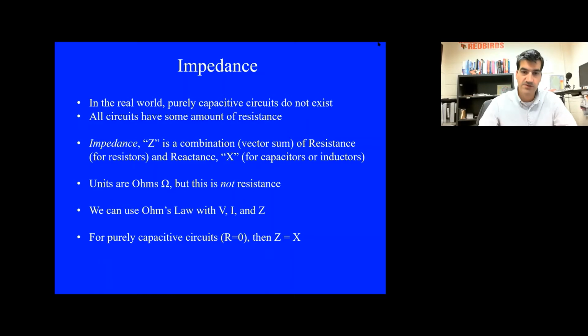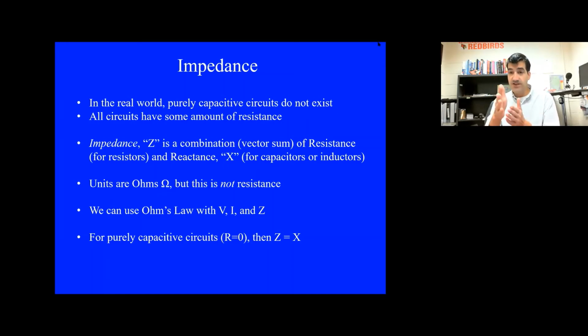All right, so we can use V equals IZ for AC circuit analysis, and that's what you're going to do in the next lab. Think about what happens in this triangle if we have a purely capacitive circuit. Then there is no resistance. There's only capacitance and thus reactance, right?